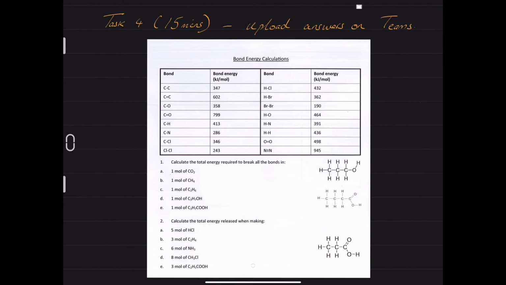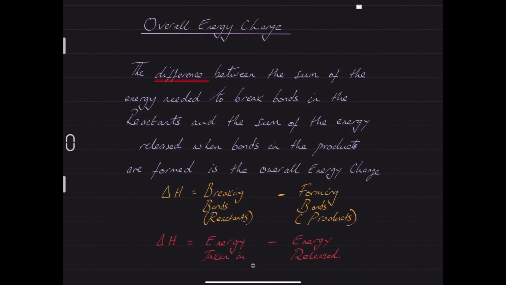You need to be familiar and comfortable with working with different types of bond energy calculations and looking at tables and being able to carry out the calculation. We have looked at how to calculate the energy for bonds being broken or bonds being formed. Now we're going to calculate overall energy changes.